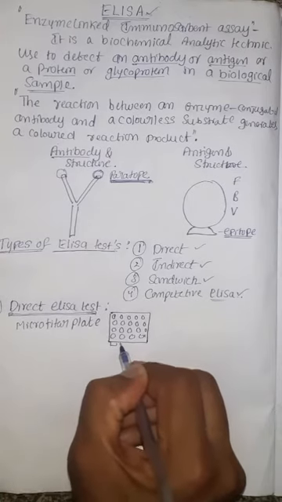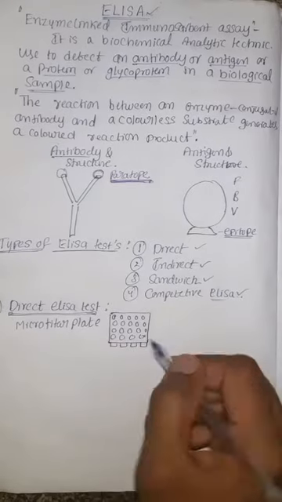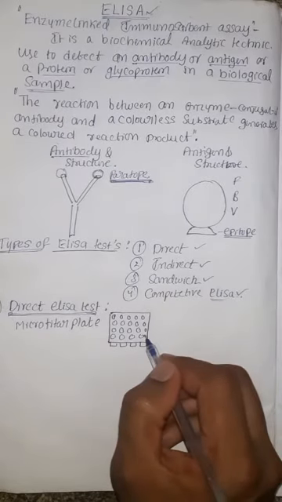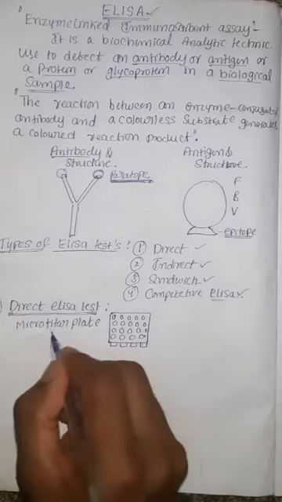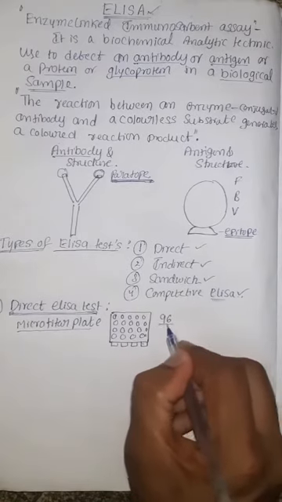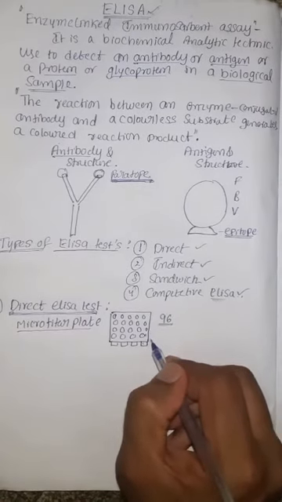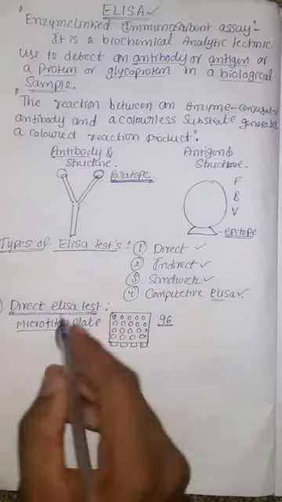The well is like this, where we are going to pour or fill the samples. This is the micro titer plate. Usually it consists of 96 small wells. This is the first requirement.